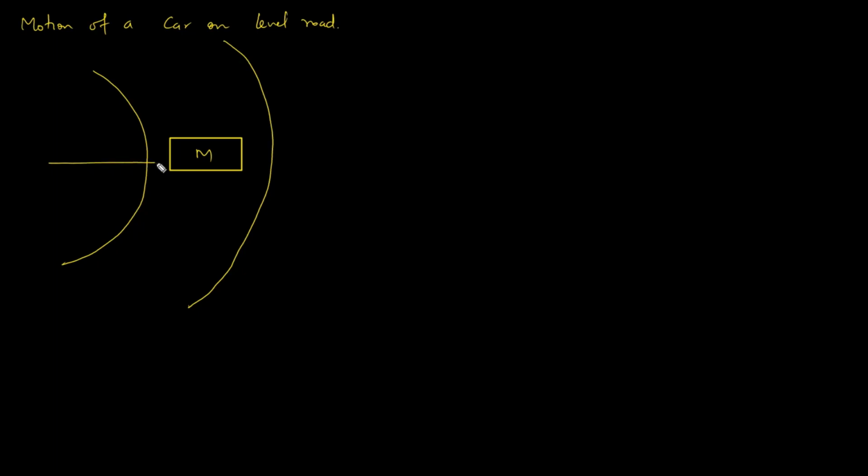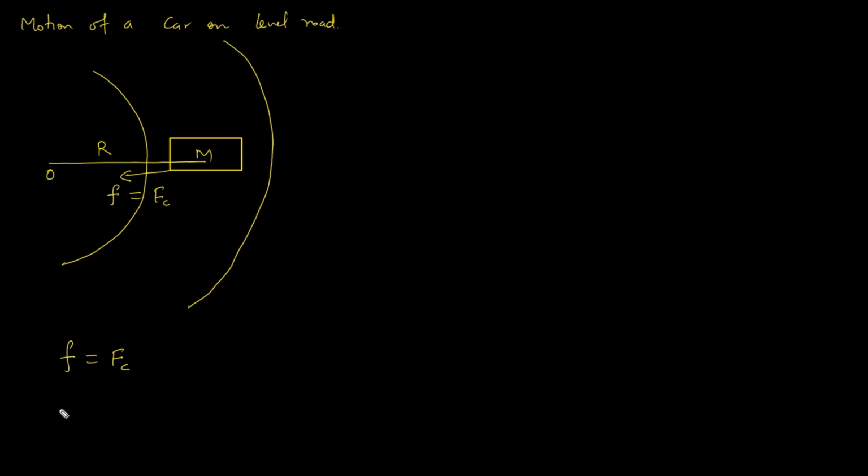Now it is moving on a circular path of radius capital R. So its tendency of motion is to move away from the center. So the friction force will be towards the center, and this friction force will provide the necessary centripetal force.